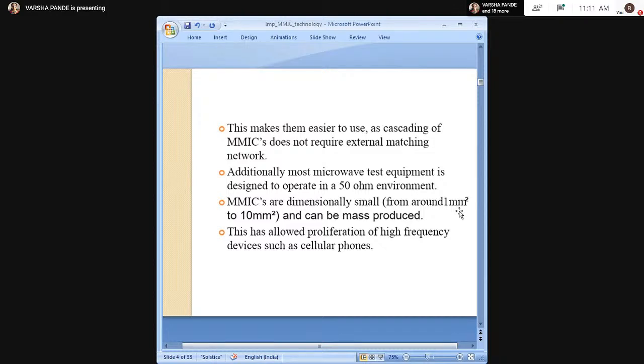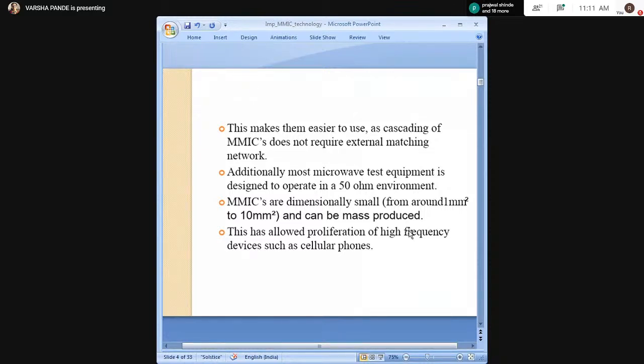In that small IC, a large number of components are fabricated within the semiconductor, and they can be produced in large numbers at a time, because all the fabrication processes can be done at a time. Therefore, these MMICs can be mass produced, and the cost is very much reduced.